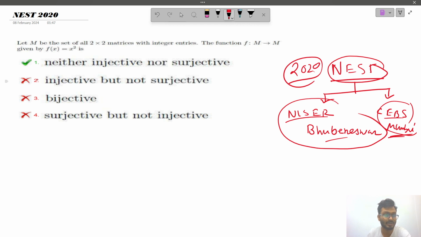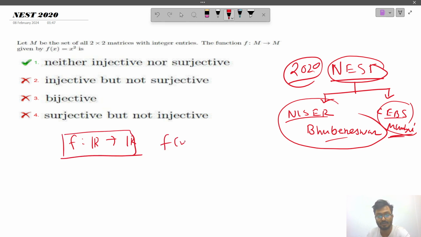So what is the question? Let M be a set of 2 by 2 matrices with integer entries and the function f from M to M given by this. Now if this function f was given from R to R, then it was very easy.